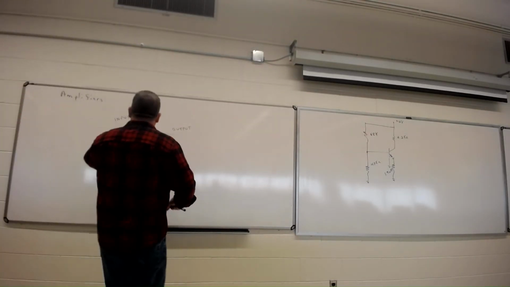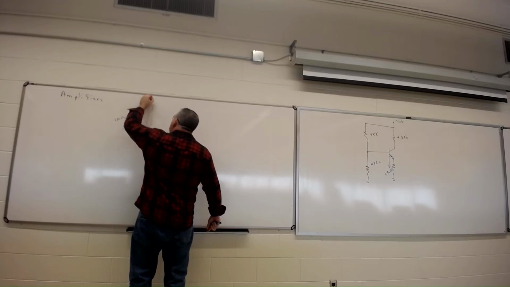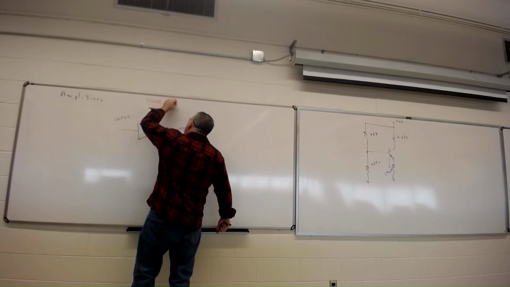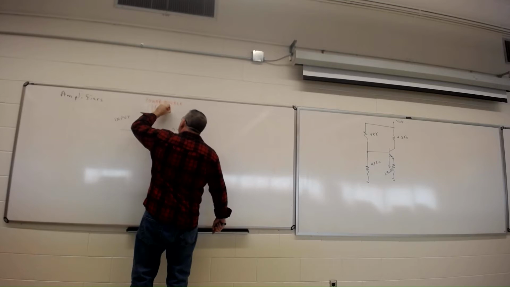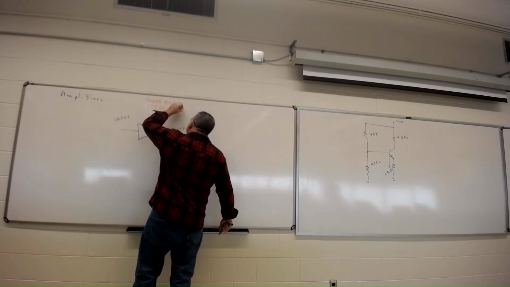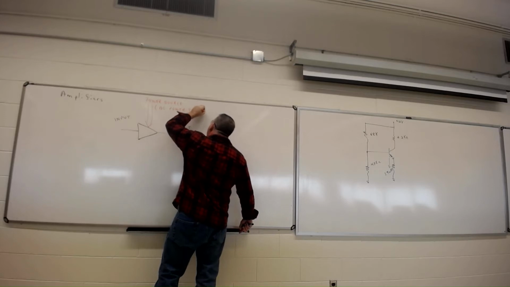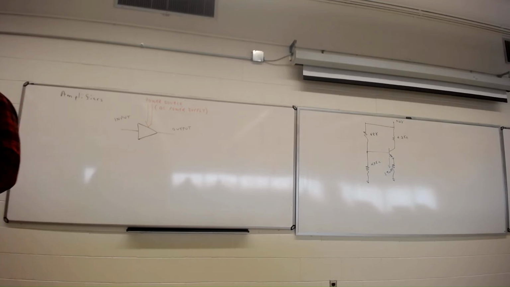So we'll put right up here a power source, and that power source will usually be a DC power supply. So we'll have to add some energy in there via a DC power supply.